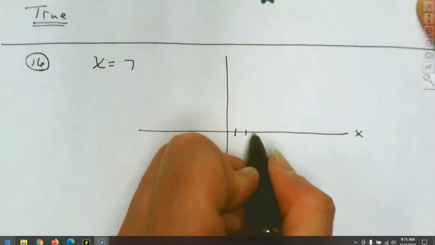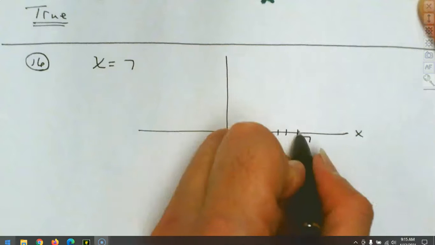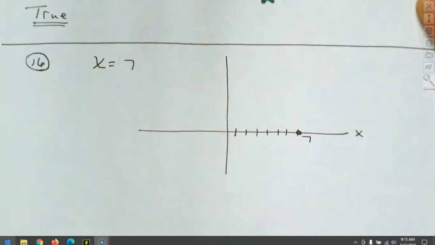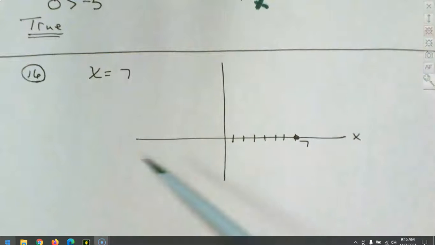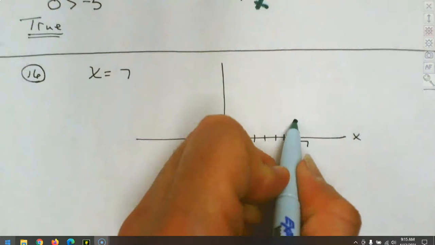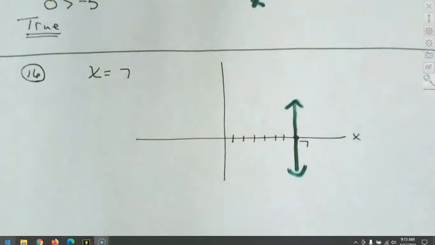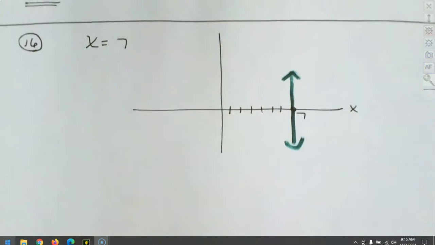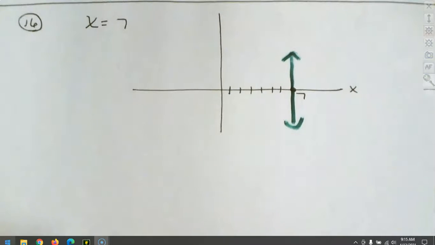So 1, 2, 3, 4, 5, 6, 7. Now, we're right there at 7. Well, the only way we can move, we can't go left and right because that would go off your axis. What we can do is we can go up and down. So it's going to be a vertical line like that. Now we need to find our x-intercept and our y-intercept.